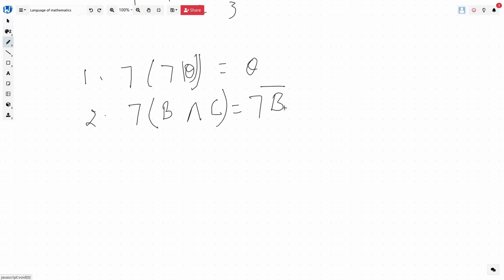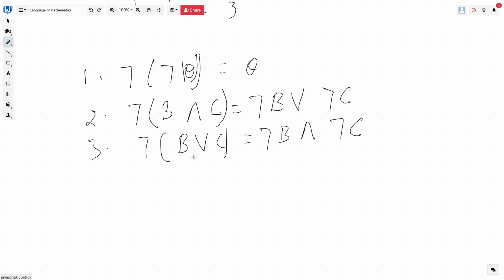or not of C. Sorry, I have written both the things. Similarly, we have established not of B or C is not of B and not of C. Then we have also established that not of there exists x such that A is equal to not, there for all x, there exists not A, right?